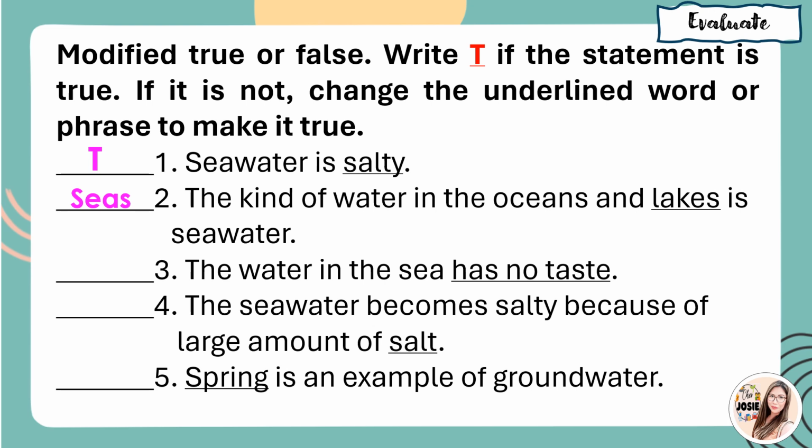The answer is false. That's why the answer would be it is salty. Number 4, the seawater becomes salty because of the large amount of salt. The answer is T. Lastly, spring is an example of groundwater. The answer is T. I do hope you got a perfect score.